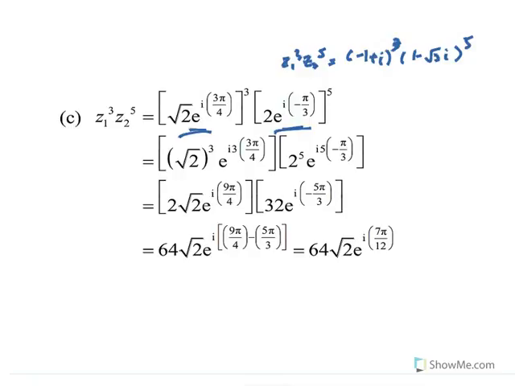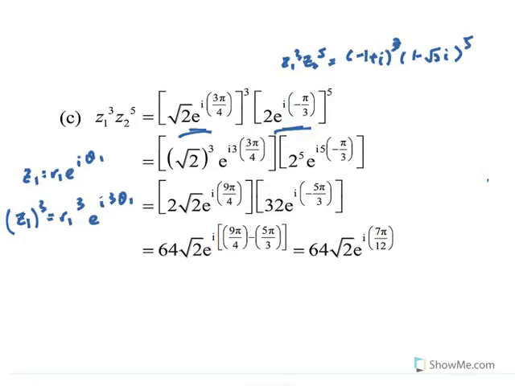Because we know that if z1 equals r1 e to the power i theta 1, then z1 to the power of 3 will just be r1 cubed e to the power of i 3 times theta 1.